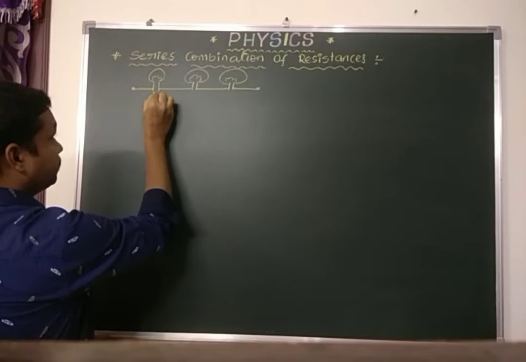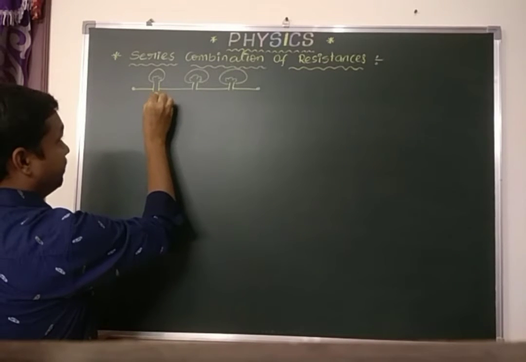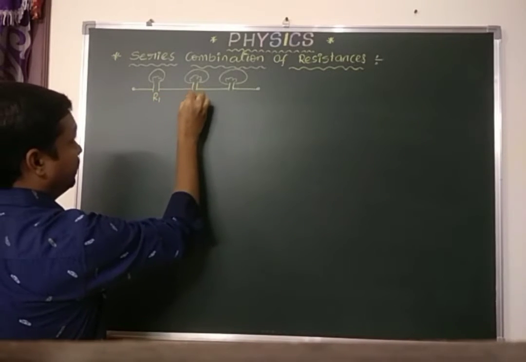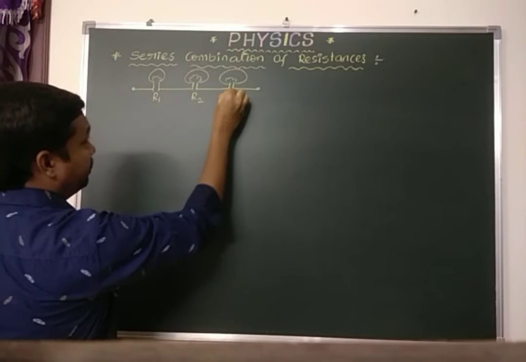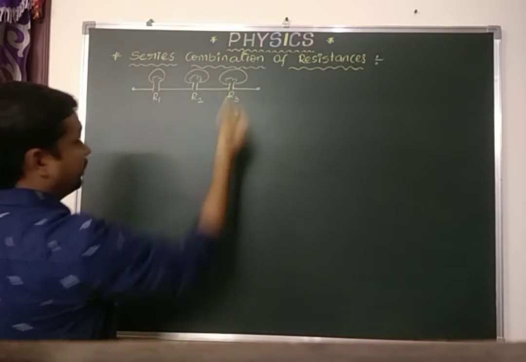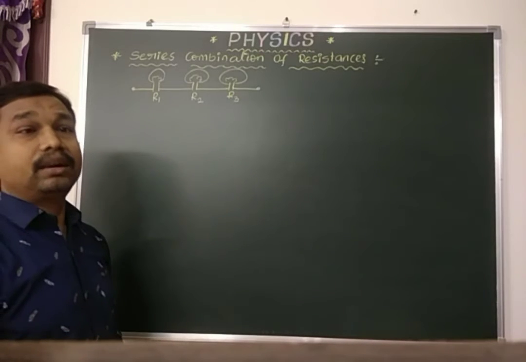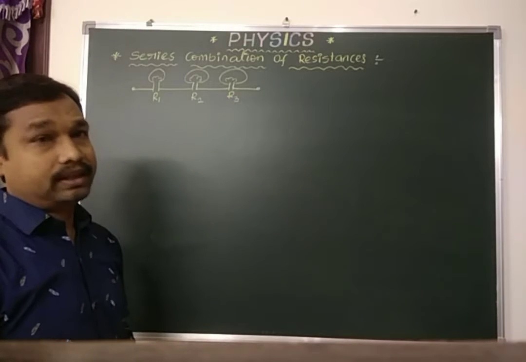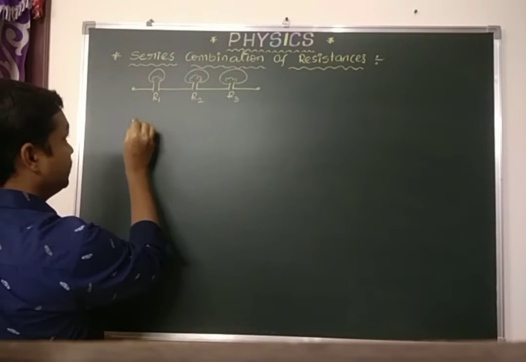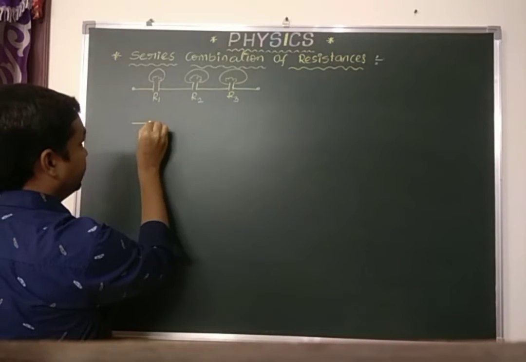The resistance of each bulb I am taking as R1, R2 and R3. Instead of electric bulbs, we can represent them with the symbols of resistance.